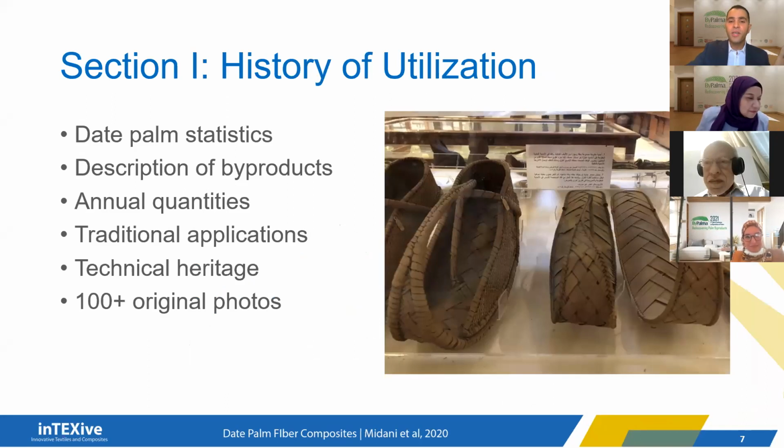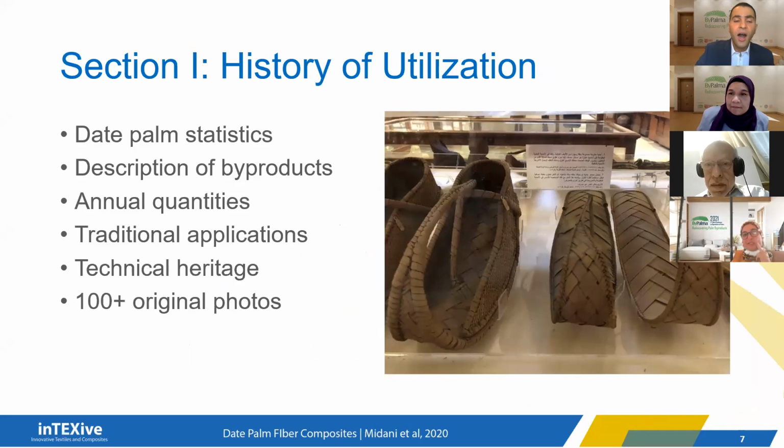Okay, and the book is actually divided into four sections. The first section provides the historical context and time horizon of utilizing the different types of date palm byproducts over the years.